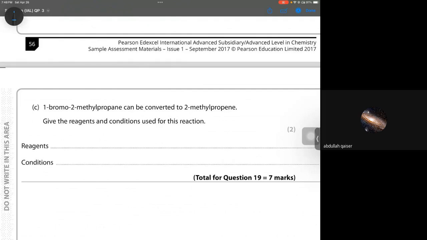1-bromo-2-methylpropane can be converted to 2-methylpropene. Give the reagents and condition. 1-bromo-2-methylpropane is this, and 2-methylpropene is this. What is it? Of course they are removing HBr. HBr is an acid.